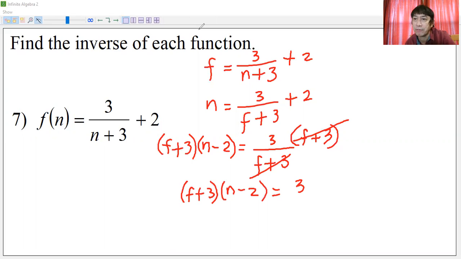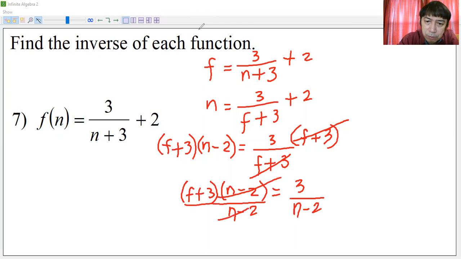Remember, we're after the f. So at this point, we shall divide by the quantity n minus 2, and you'll see this cancels out.